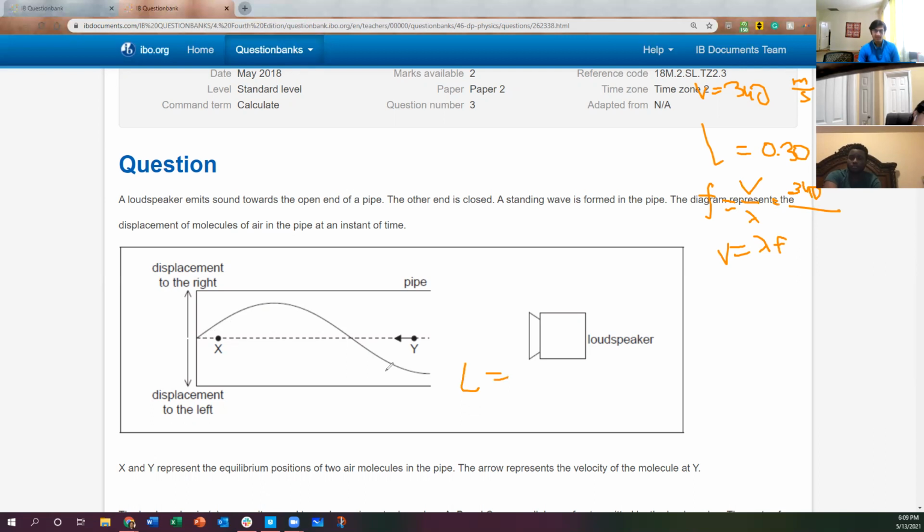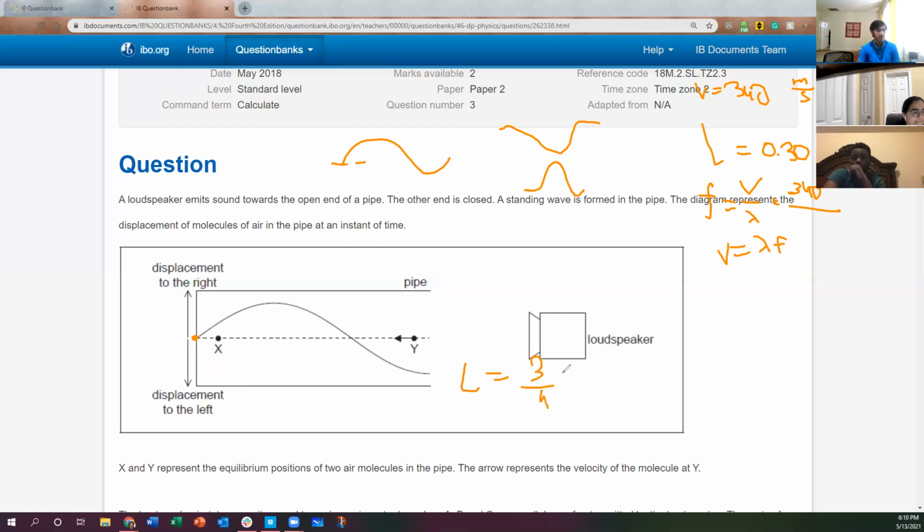One lambda is from here to here, or from a maximum to another maximum, or from a minimum to another minimum. If I'm starting from equilibrium and I only get here, what fraction of a wavelength is that? 0.75? Yeah, 3/4.